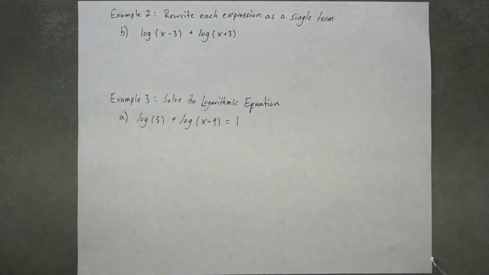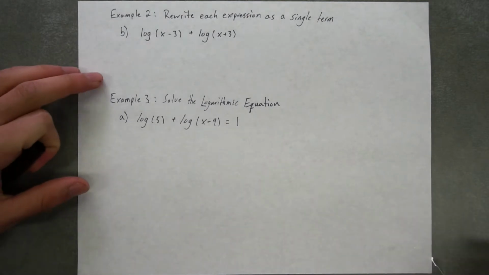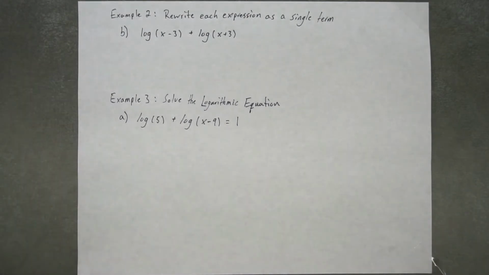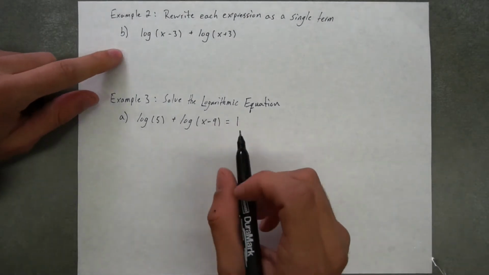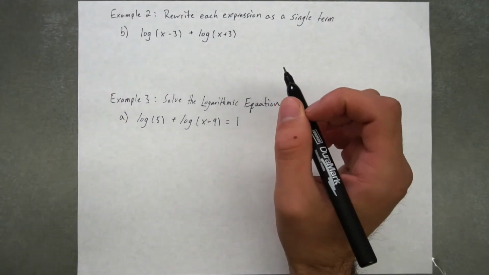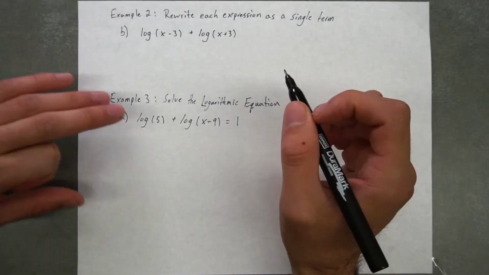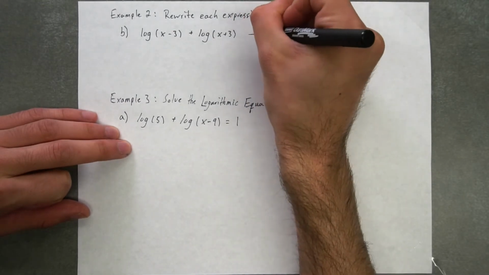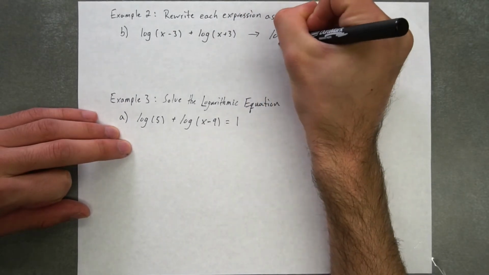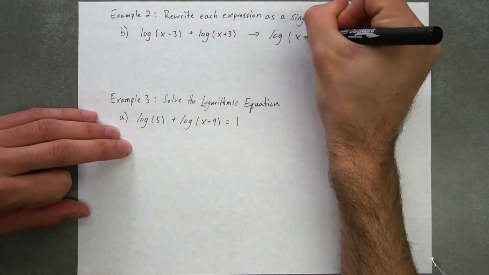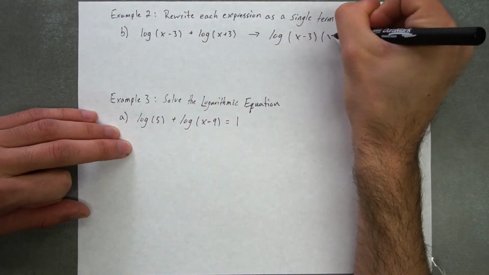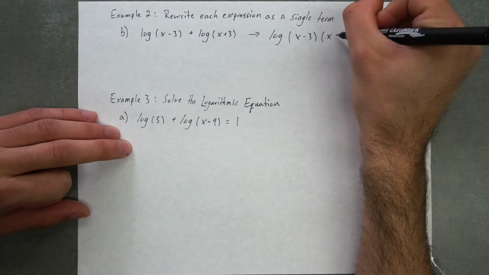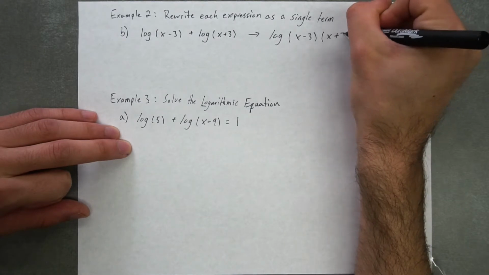For example 2b, we have the log of x minus 3 plus the log of x plus 3. And so we have the sum of two logs, so we could use property 5, which is the product property. So then this becomes the log of x minus 3 times x plus 3.